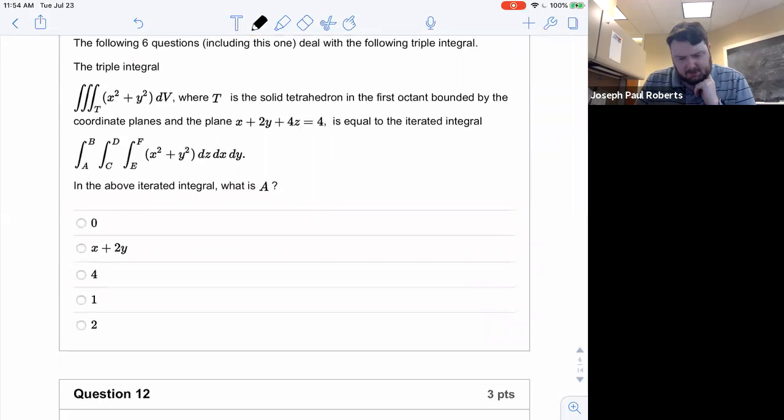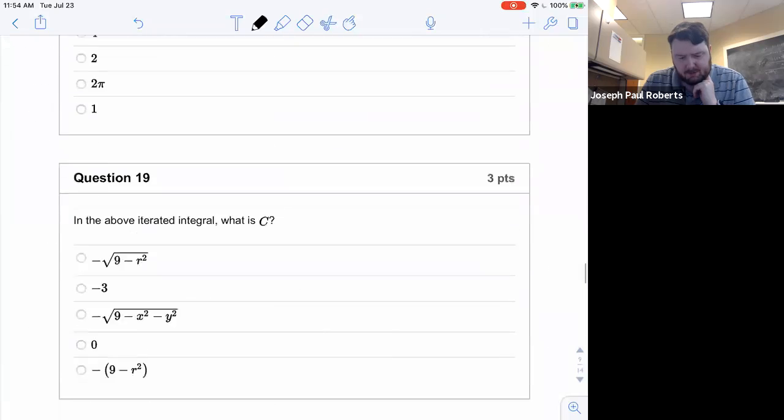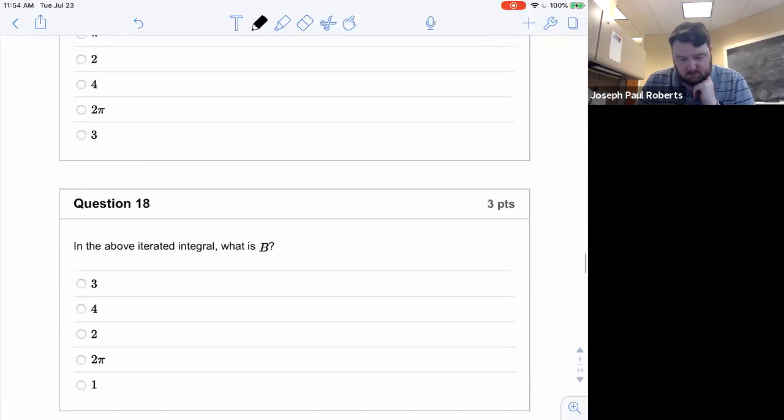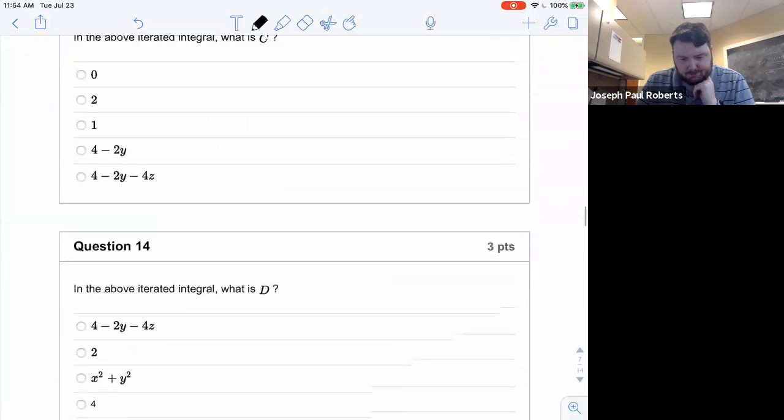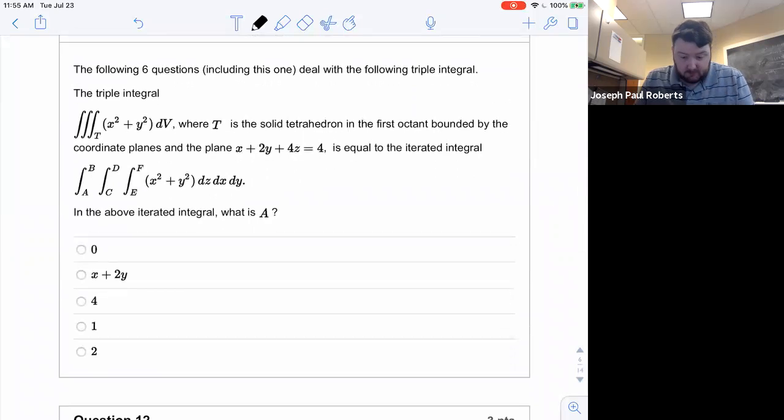All right, so then I think the last questions here are just all setup bounds. Yeah, so let's take a look. T is a solid tetrahedron of the first octant bounded by the coordinate planes and this thing.